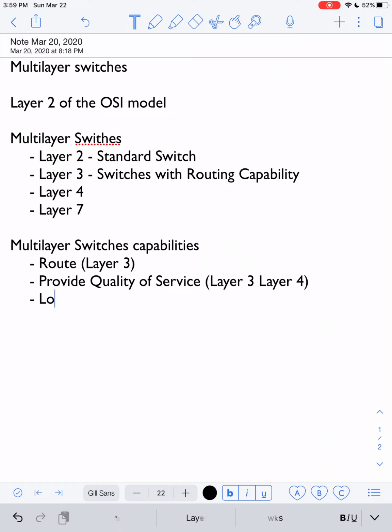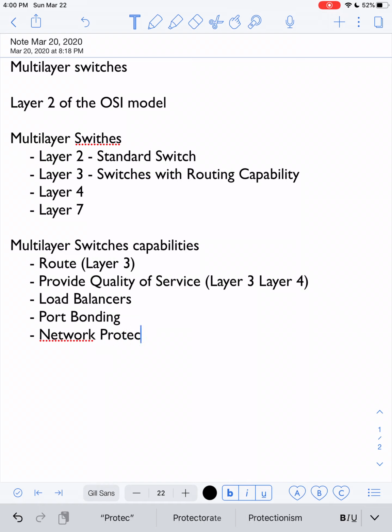They can act as load balancers. They can perform port bonding. And they can act to protect networks, so kind of like firewalls.